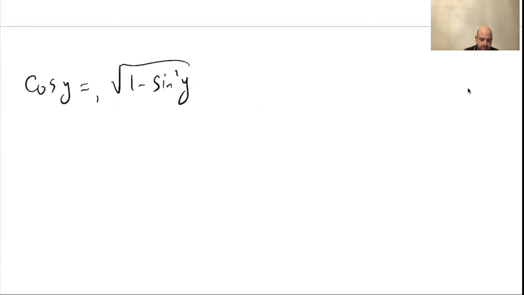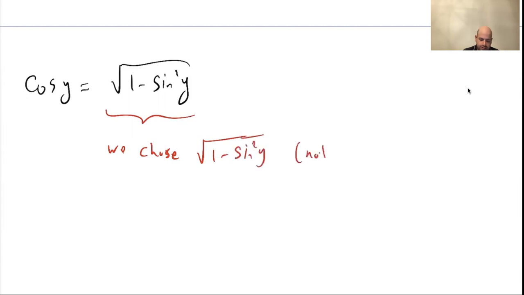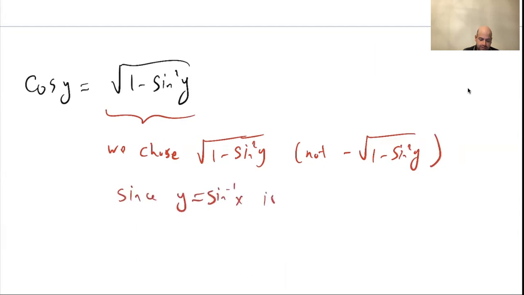So we chose root 1 minus sine squared y, and not minus root 1 minus sine squared y, since y equals sine inverse x is in quadrant 1 or quadrant 4, hence cos y will be positive.